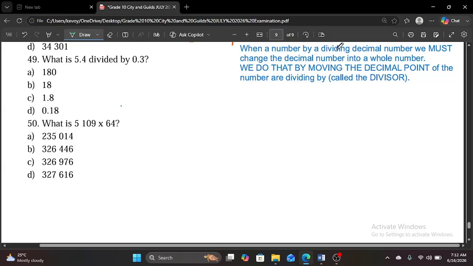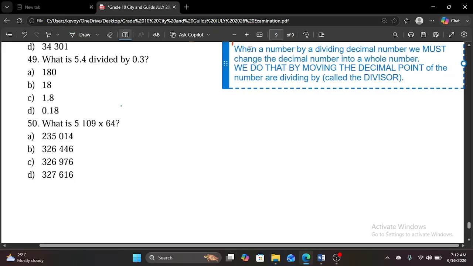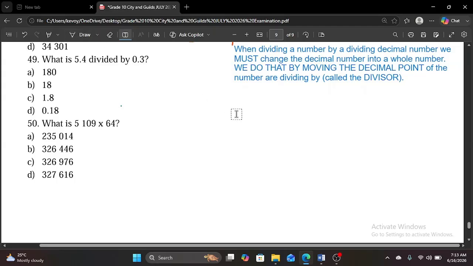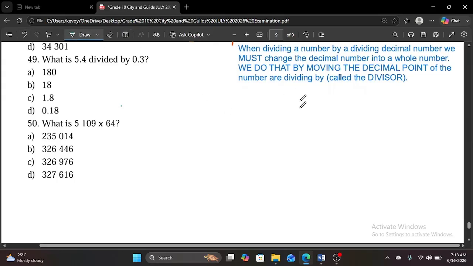So when dividing a number by a decimal number, we must change the decimal number into a whole number.